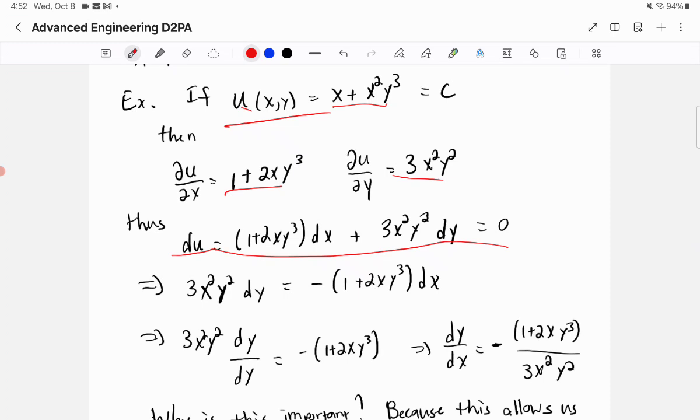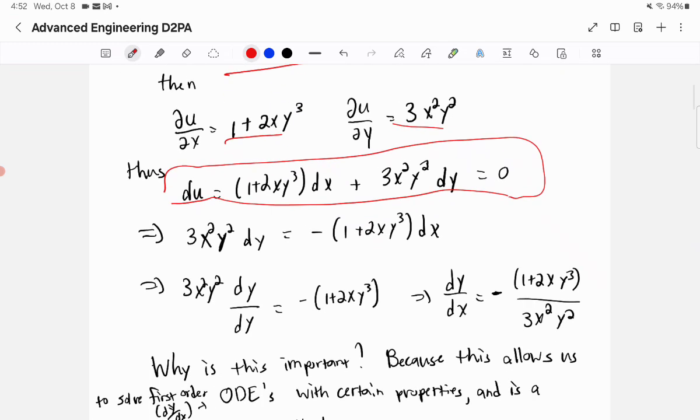Depending on the assumptions made, you need at least 2 variables in thermodynamic analysis. You might have other situations where you need more than 2, but at the very bare minimum, you need 2 variables to describe an entire thermodynamic state. And so that's an example of where a total differential like this would be useful.